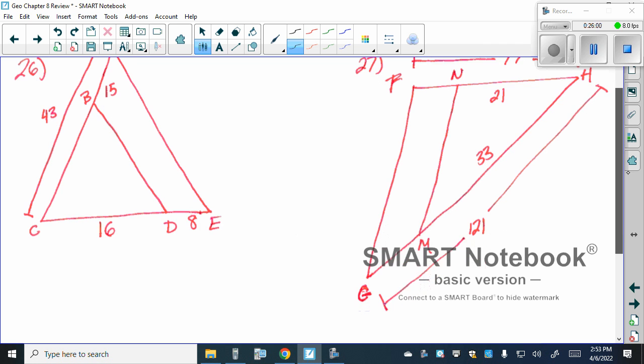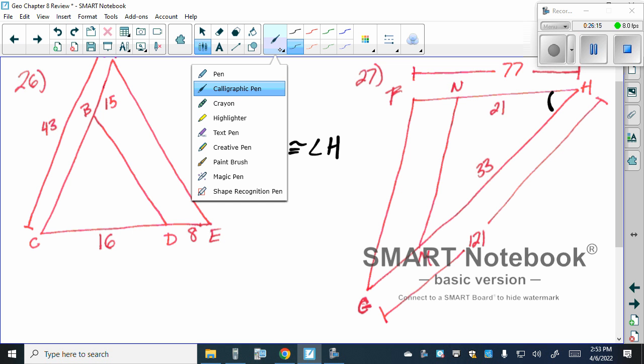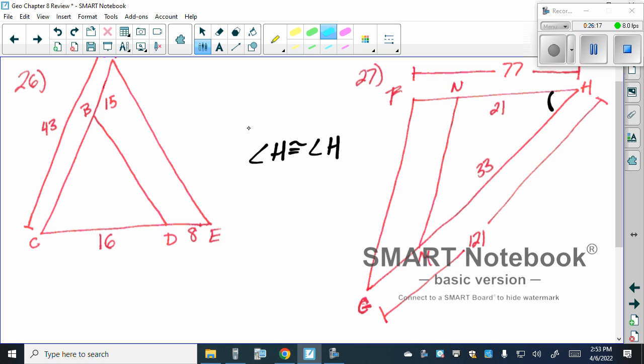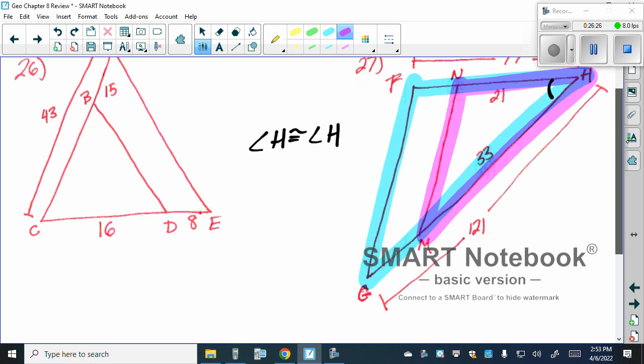27. Now, we're only given 2 sets of sides in both triangles, but we're also given a set of angles. Angle H. Now, for this here, angle H is shared in both triangles, because the 2 triangles we have are this bigger one here and this smaller one here.